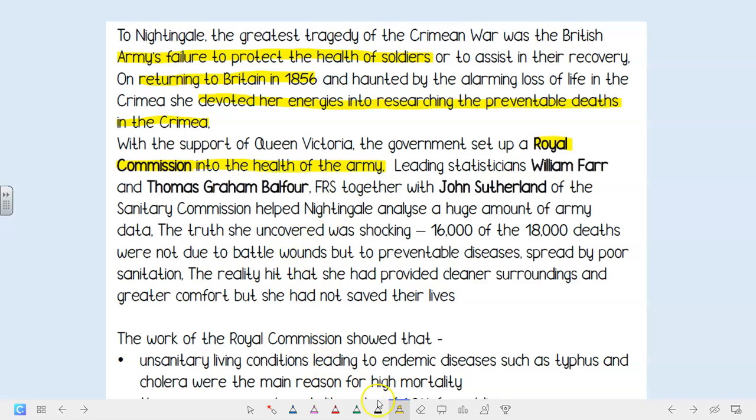So straight away I'm thinking I'm not entirely sure what this word commission is, perhaps. So I'm going to go and research this word. And once I've found out the definition, in fact, let's research it together.